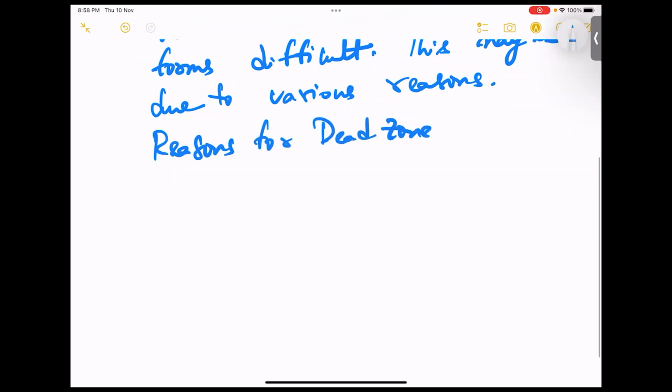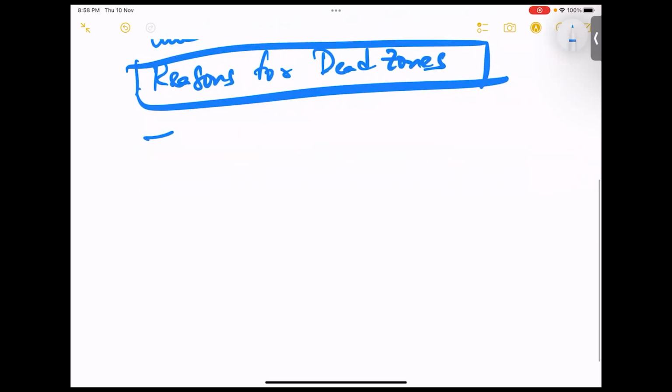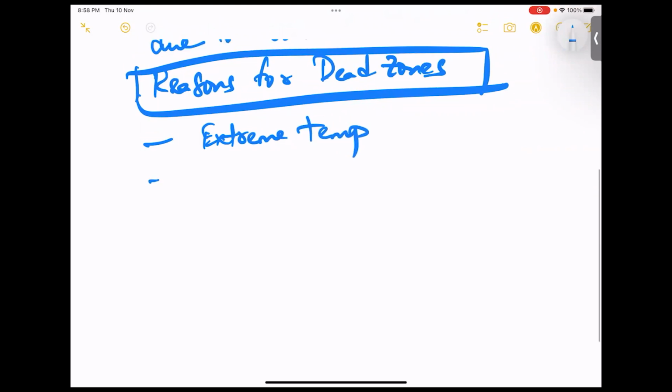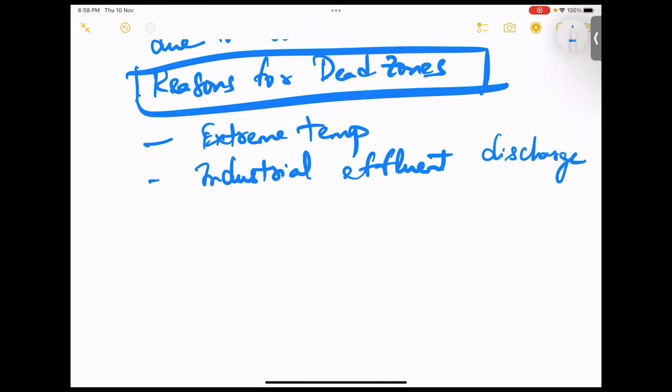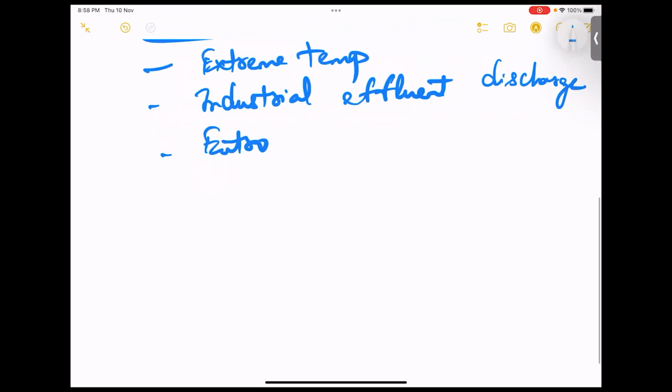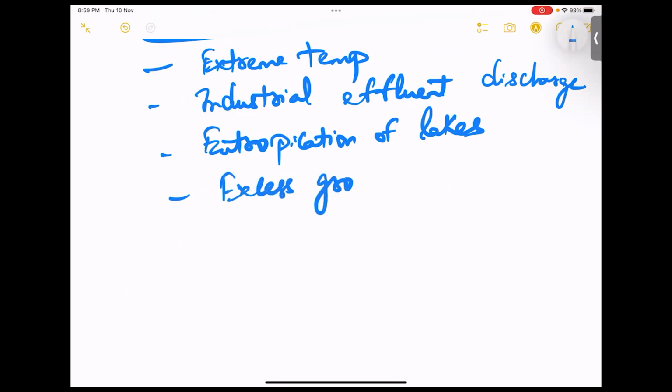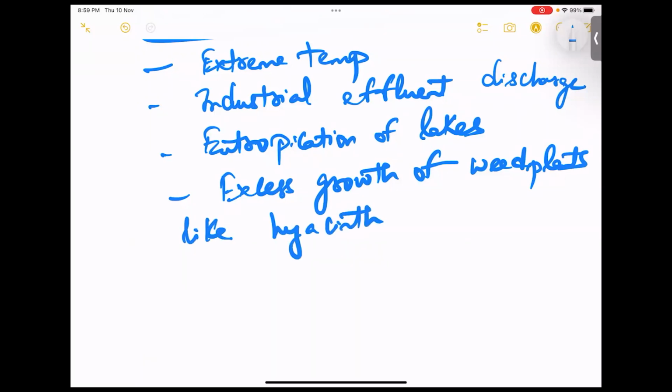What are the reasons of dead zones? Extreme temperature, industrial effluent discharge, eutrophication of lakes, and then excess growth of weed plants like hyacinth.